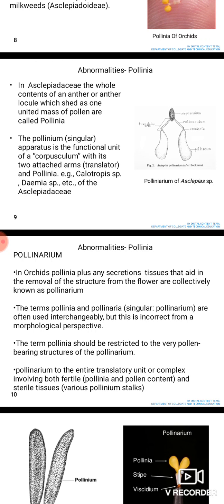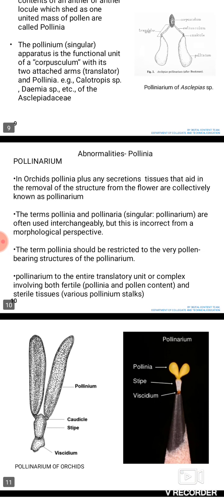Pollinarium. In orchids, pollinia plus any secretion tissues that aid in removal of structures from the flower are collectively known as pollinarium. The terms pollinia and pollinaria are often used interchangeably, but this is incorrect from a morphological perspective.